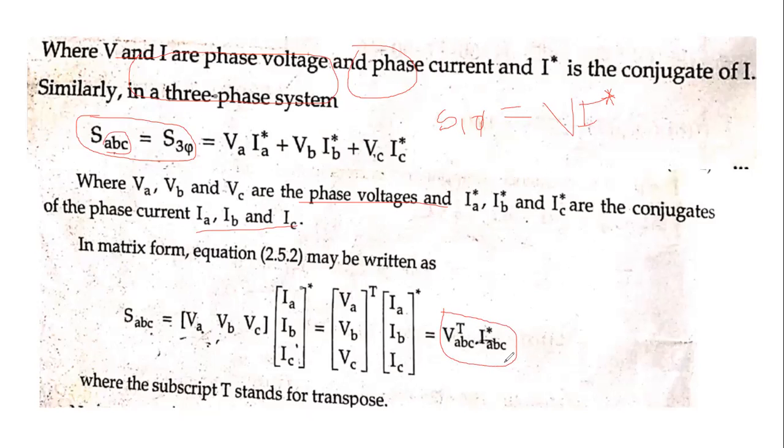Therefore, the three-phase power formula is SABC equal to VABC transpose into IABC conjugate, where the subscript T stands for the transpose of the VABC matrix.